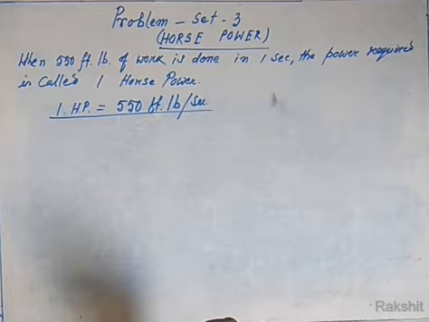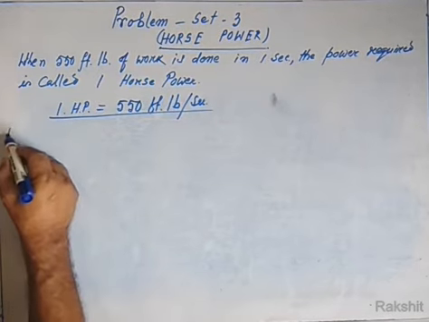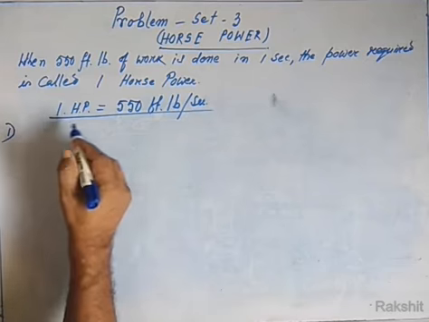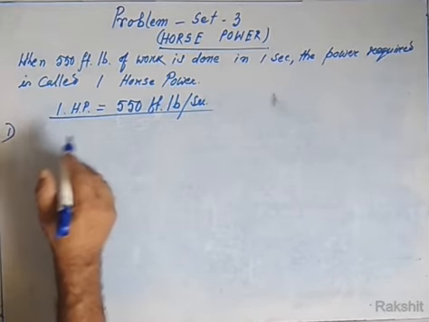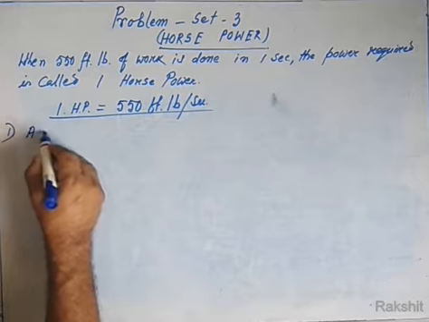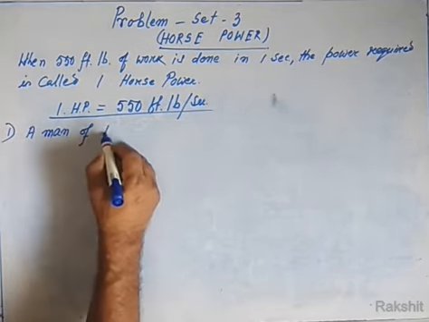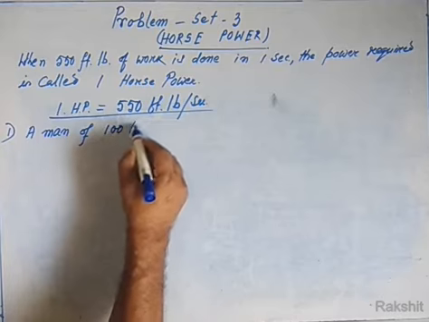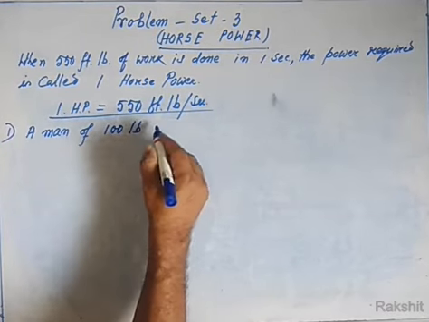Suppose a man of 100-pound weight, actually the mass of the man is 100 pound, but in this case the term is weight.